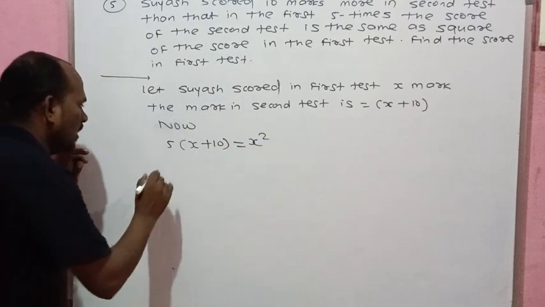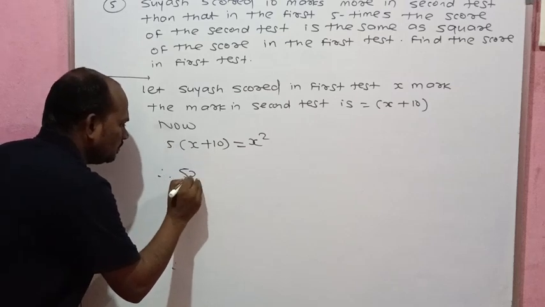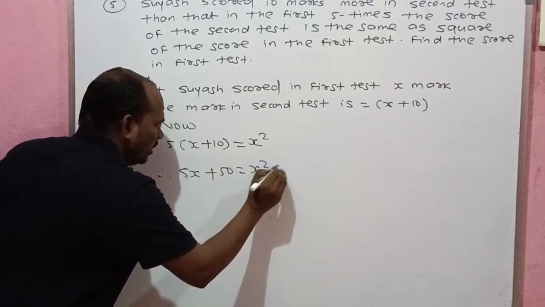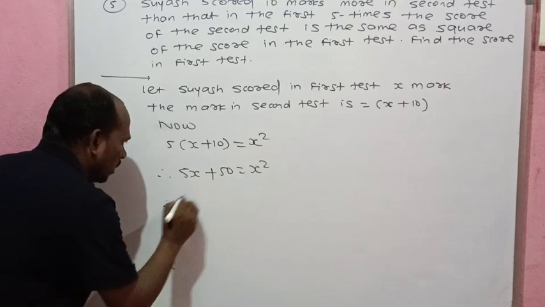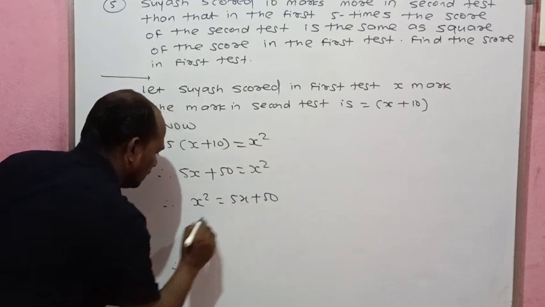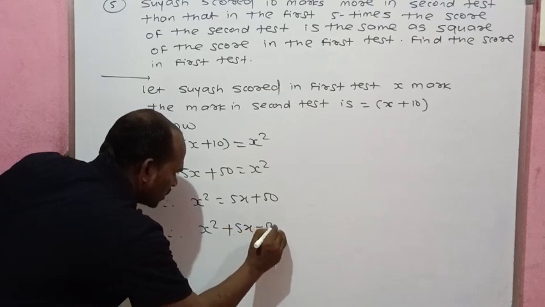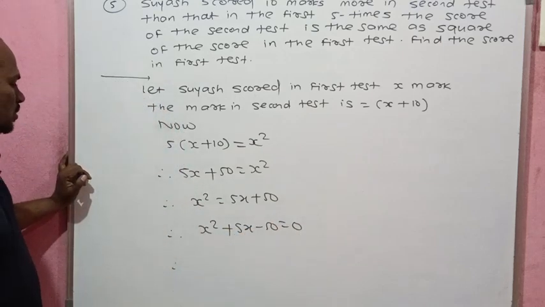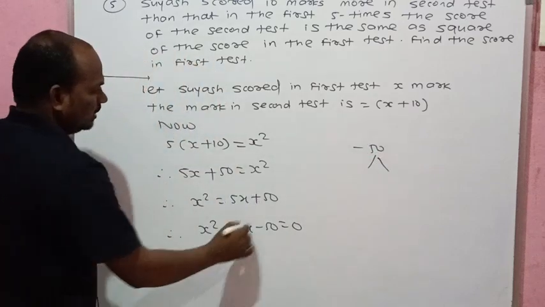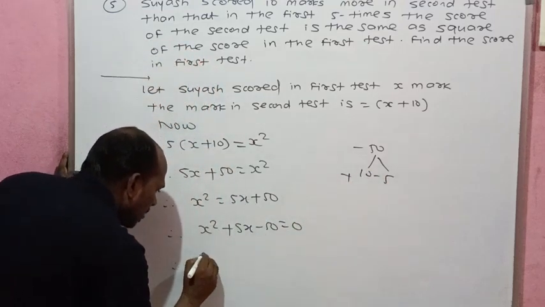Now we can solve the quadratic equation. 5 into x plus 10, 5x plus 50, is equal to x square. Now x square equal to 5x plus 50. Therefore x square minus 5x minus 50 equal to 0. Then it is minus 50: 10 5s are 50, it is plus and minus.